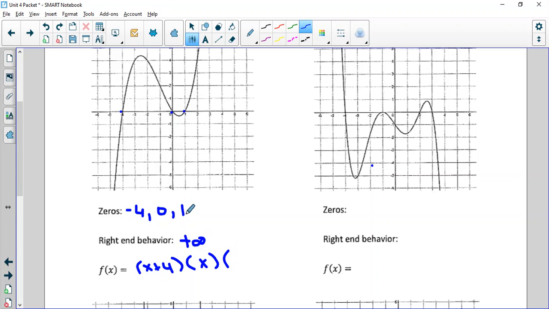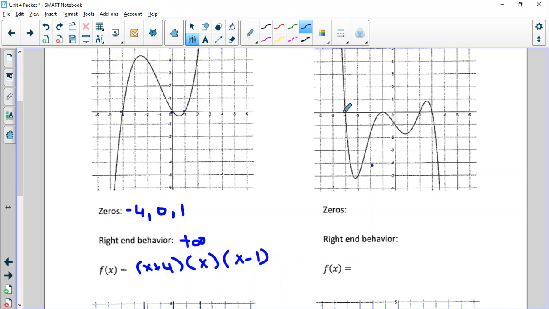And then here, positive 1, so I'm going to have to put x minus 1. And now we're going to see what the multiplicities are. This is a single root, so there's a 1. This is also a single root, and this is also a single root. So this is my function right here. Okay? Let me do one last example.